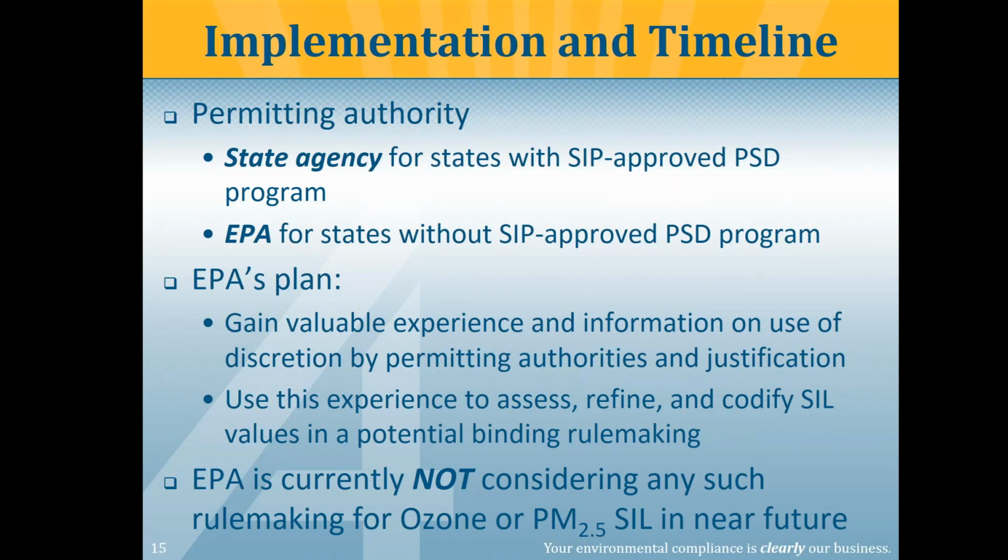For the states without a SIP-approved PSD program or delegation of the PSD program, EPA regional offices will be your permitting authority. So if your facility is in those few states, you can start preparing, since these guidelines might be implemented, as this is EPA's program. Now, EPA is being careful about not coming up with a rule, based on what they had to go through with the PM2.5 SIL rule. So their plan is, again, to issue this as non-binding guidance and let state agencies, or permitting authorities, decide whether or not to implement it, so they gain experience and information on how exactly the state agencies are dealing with this.